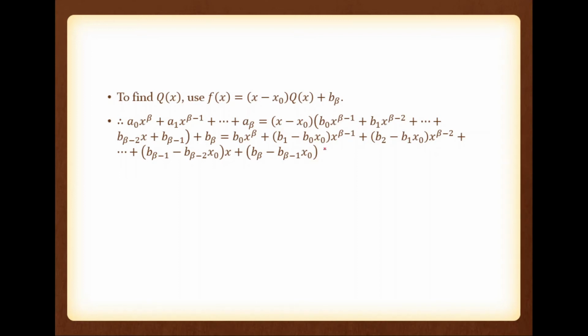So b0 x0 into x raised to beta minus 1 plus b2 minus b1 x0 into x raised to beta minus 2 plus etc. plus b beta minus 1 minus b beta minus 2 x0 into x plus b beta minus b beta minus 1 x0. So this is the expansion of the right hand side.